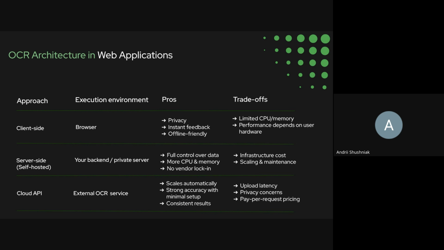The trade-offs: as you are using the client's browser, the performance is unpredictable, and if the user is scanning something on a mobile device or older device, there can be performance issues, especially if the image that he or she is scanning is complicated with a lot of text, or if the image is heavy and not optimized before the scanning.